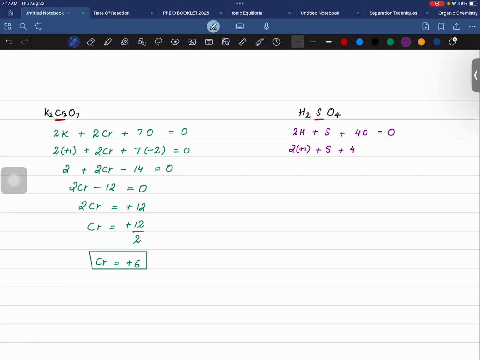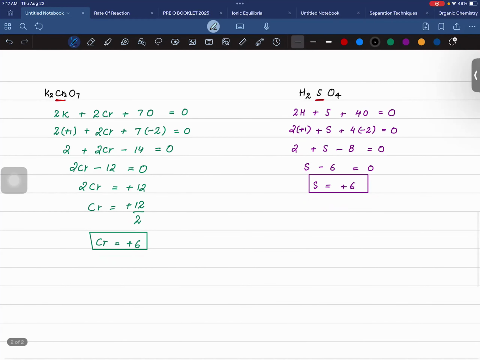Then 4 oxygen atoms, each oxygen is -2, equal to 0. So 2 plus sulfur minus 4 into 2, which is 8, equals 0. Then 2 minus 8 is -6, so sulfur is equal to +6. Remember, this is +6.